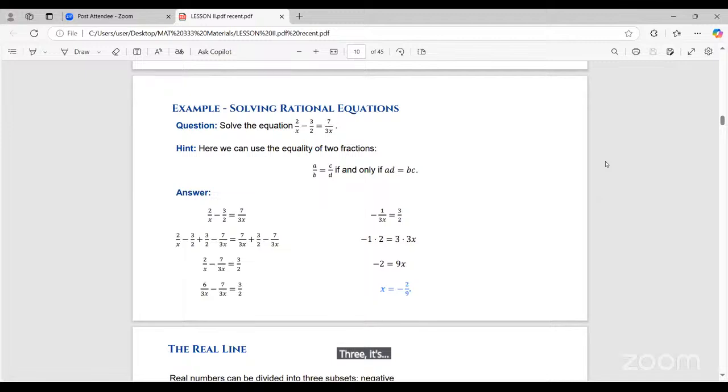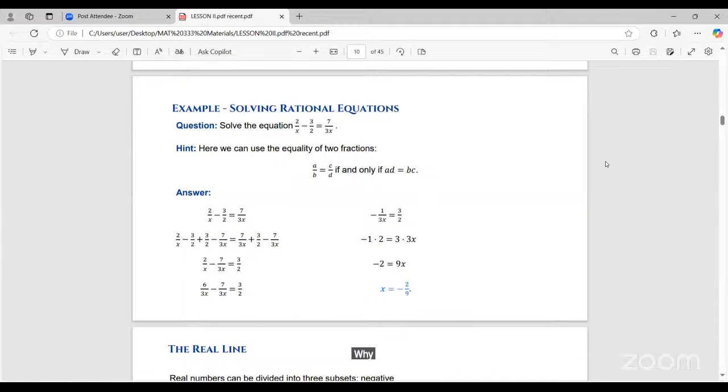So now the solution to that equation, 2 over x minus 3 over 2 equals 7 over 3x. What we do, we add 3 over 2 to both sides, and we also subtract 7 over 3x from both sides. We'll have 2 over x minus 7 over 3x equal to half. Why?